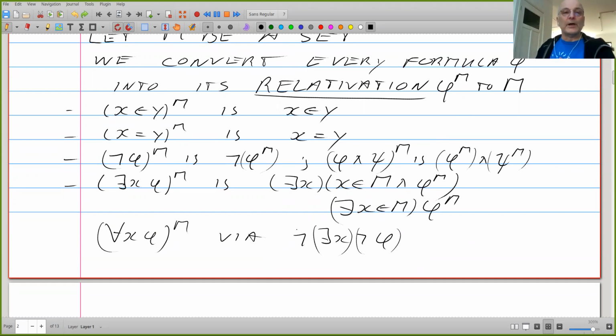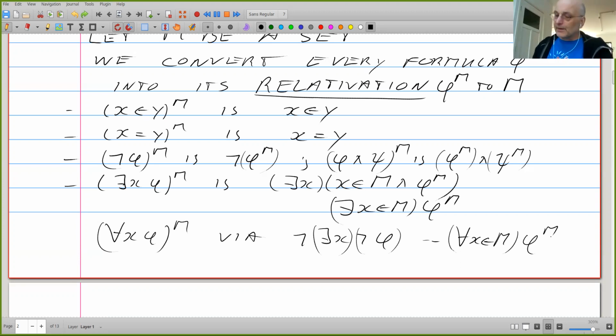If we want to translate a universal quantifier, we first write it in terms of the existential quantifier, and then we translate that. What we get is logically equivalent to this, so we don't really bother. We take the translation of the universal quantifier as given by this short form here.